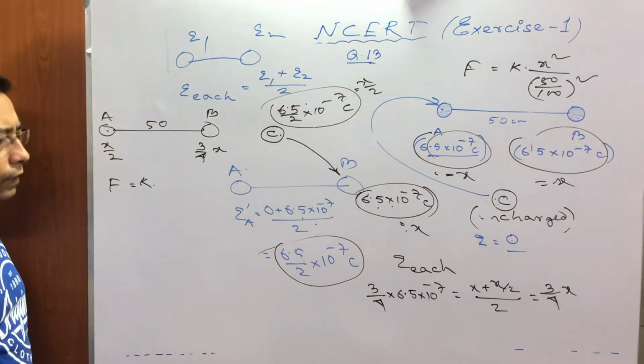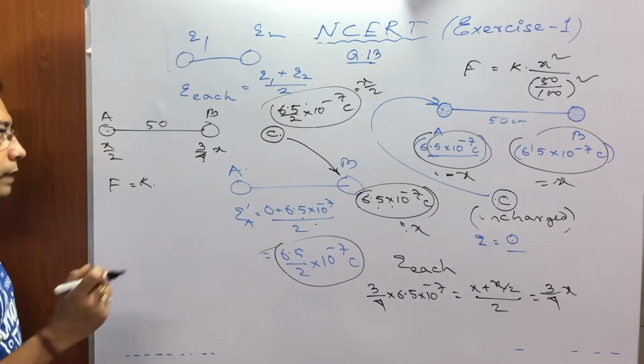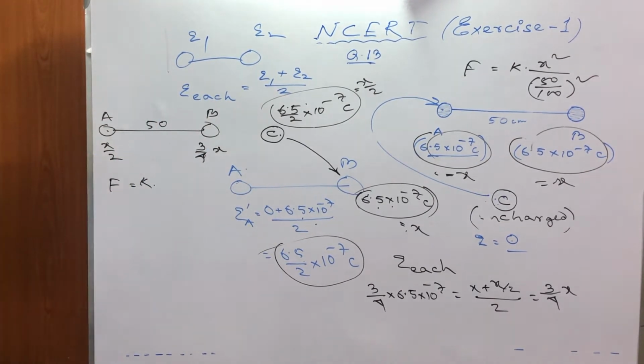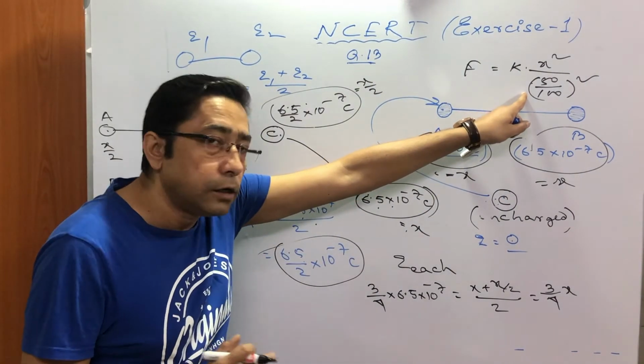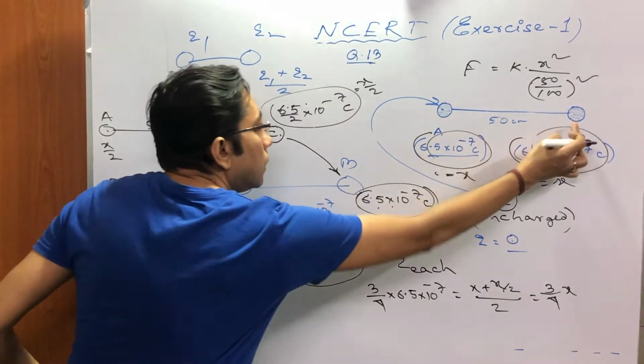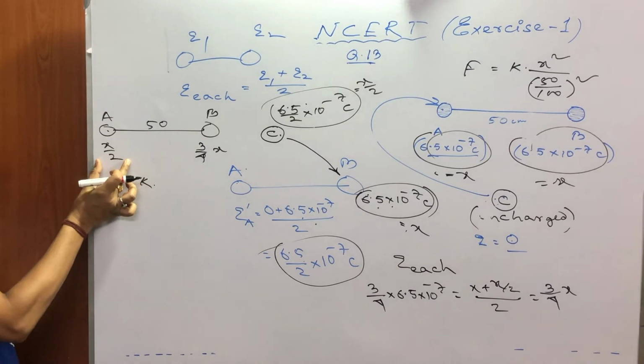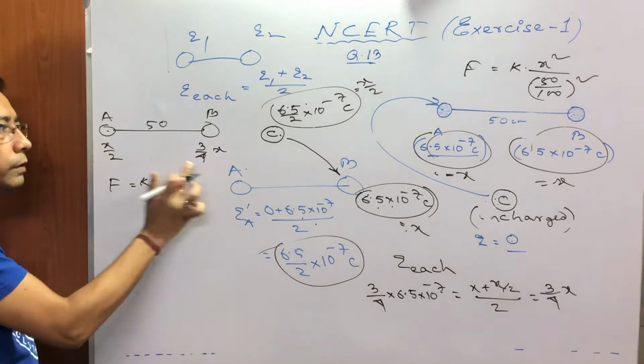We calculated that value in the last question: 1.521 into 10 to the power minus 2 Newton. Now they are having charges like this: initial charge by 2, and initial charge into 3 by 4.